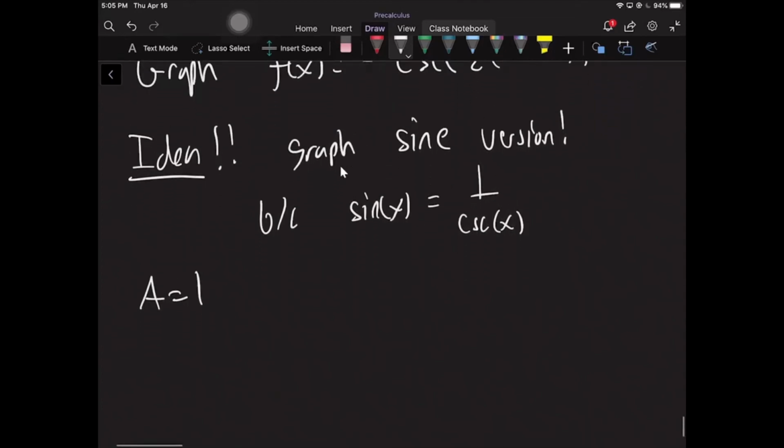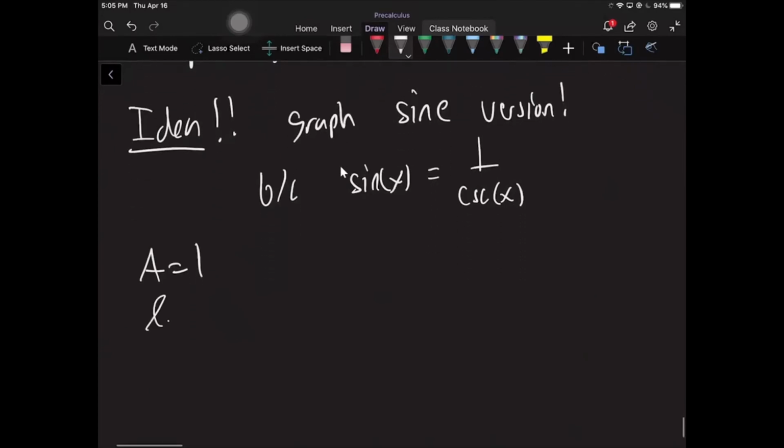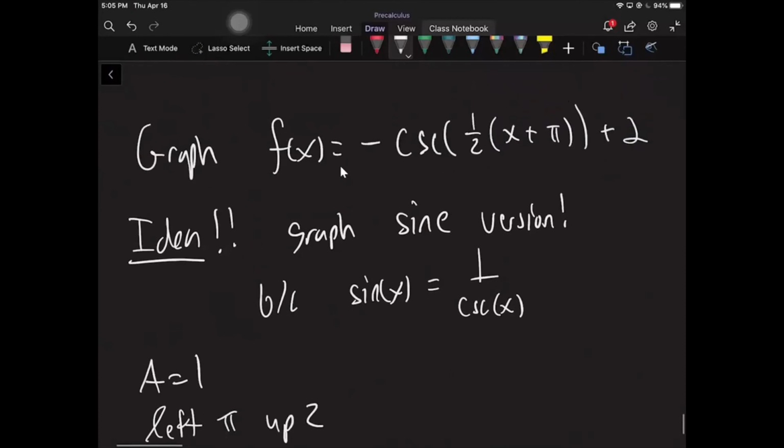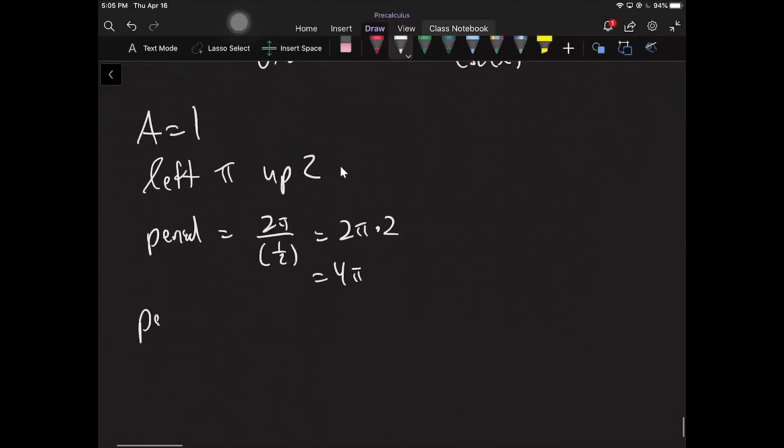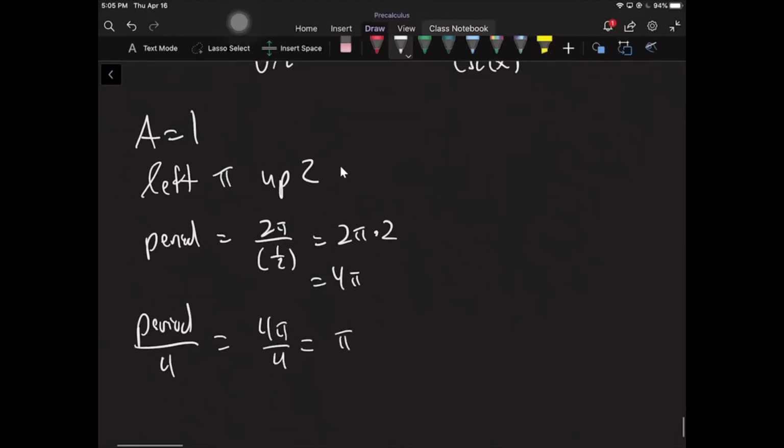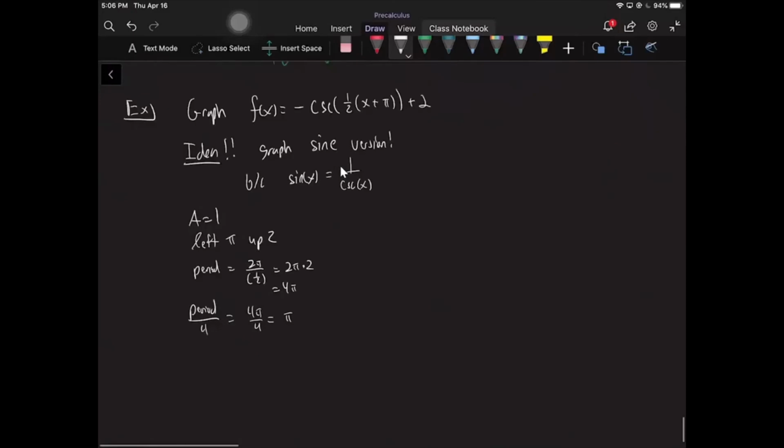That just means there's a secret 1 there. It's going to go left pi, and then up 2, and then the period is going to be 2 pi divided by 1/2, which flips it over to give you 4 pi. And then I'm going to take that period, cut it into fourths to see how far I need to get to the next good angle.